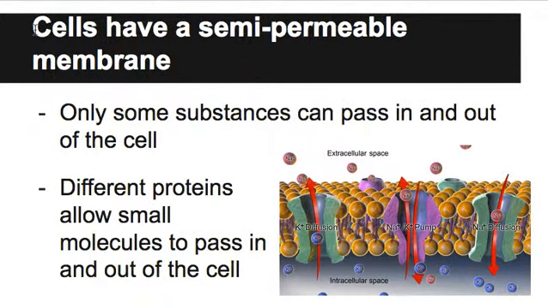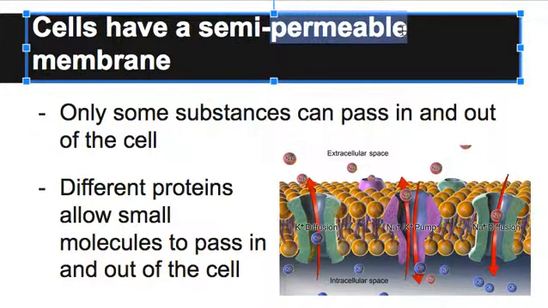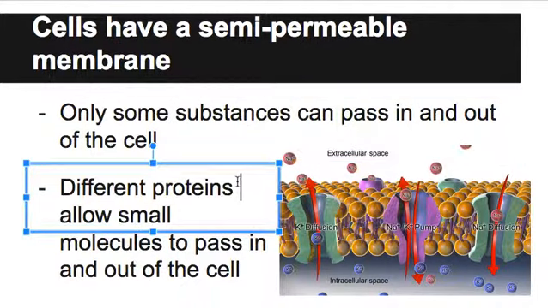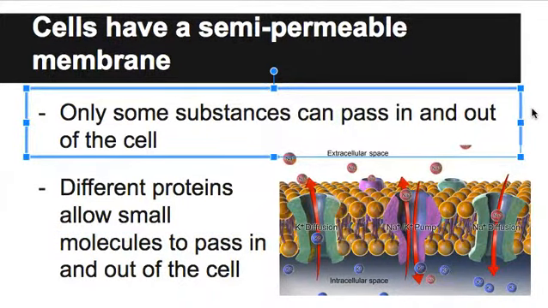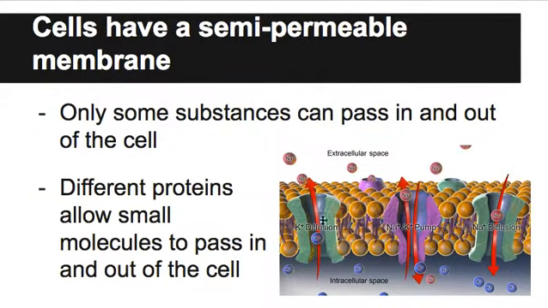Alright, as we said before, it's a semi-permeable membrane, meaning that only some substances can pass in and out of the cell. Permeable means you can pass through something, but semi means half. So you're only partially able to pass things in and out of the cell. As this picture shows, we have potassium molecules able to pass out of the cell, and here this trades potassium in for sodium out.